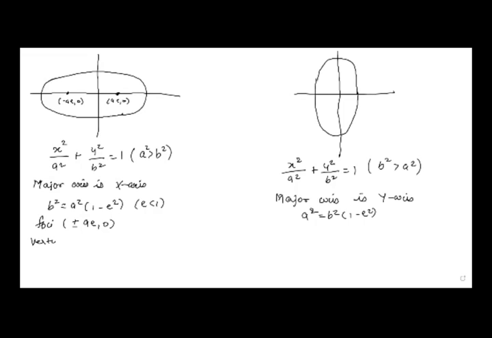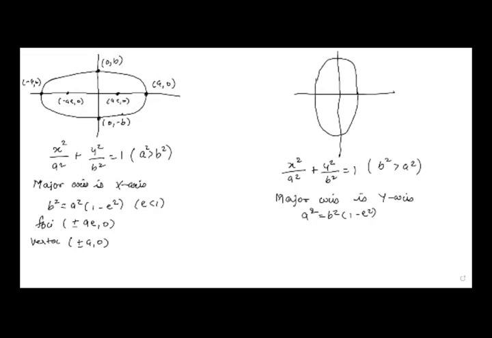Vertex, whenever vertex is written, we will consider the vertex of major axis only, but the vertex of minor axis can also be found out, and that will be 0 comma b and 0 comma minus b. So here I am not writing, but if you want the vertex of minor axis, then it will be on 0 comma plus minus b.